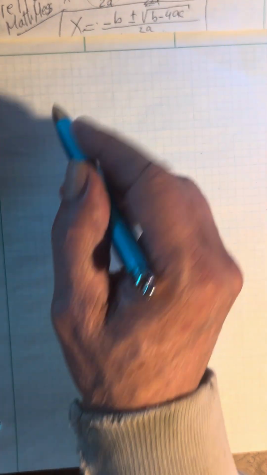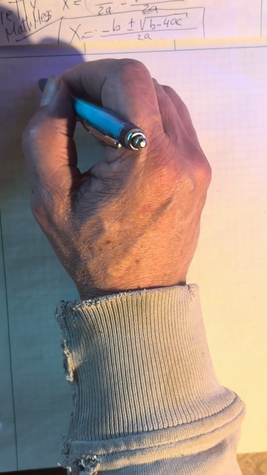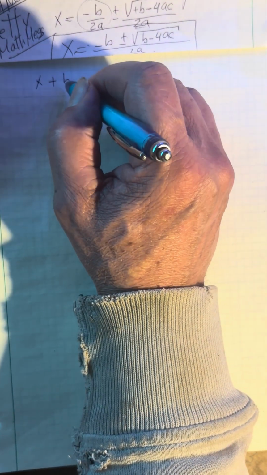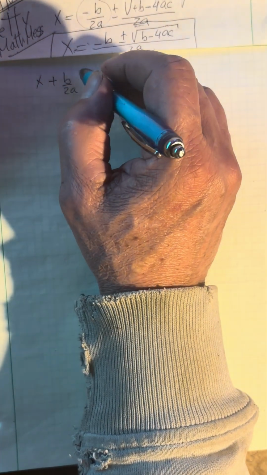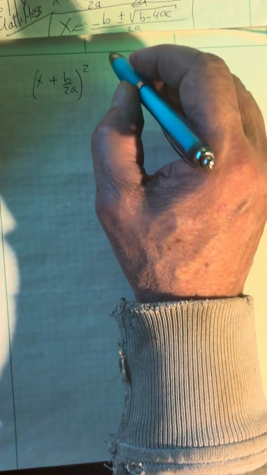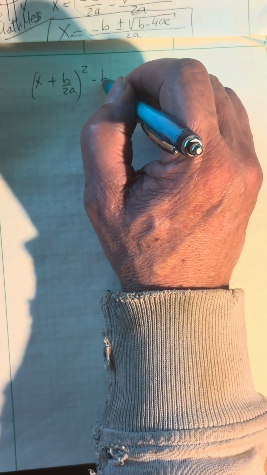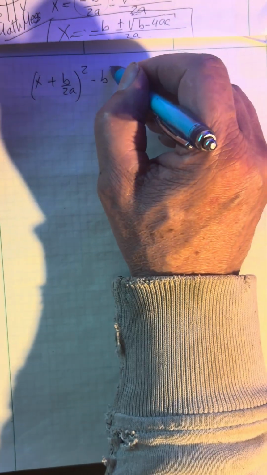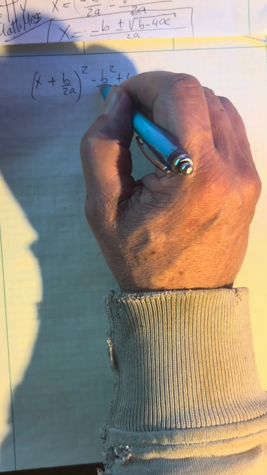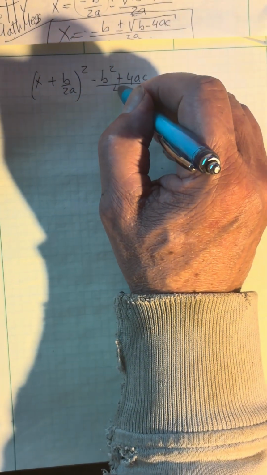And so we have x plus b over 2a, squared, and we have minus b squared plus 4ac divided by 4a squared.